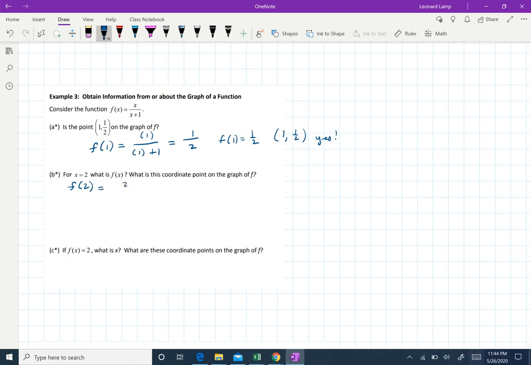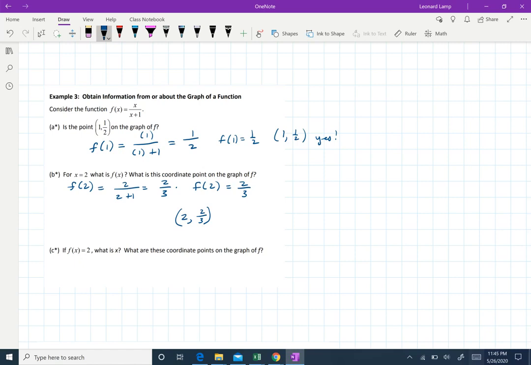So if you plug in 2 for all the x values, you get 2 over 3, and then it wants it in a coordinate pair. So they want you to recognize this notation. You're saying f of 2 is 2/3. Okay, well, if f of 2 is 2/3, what is the coordinate point? The coordinate point is you plugged in 2, and your y value was 2/3, right? So we kind of talked about that already in 2.1, which is making this a lot easier of an adjustment, hopefully.